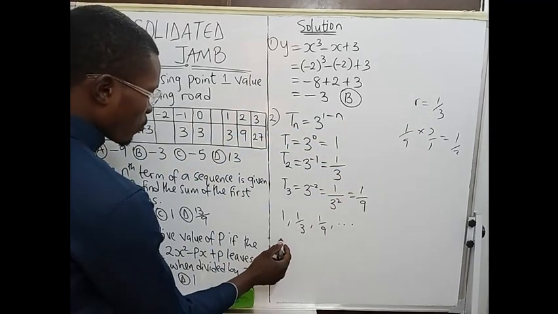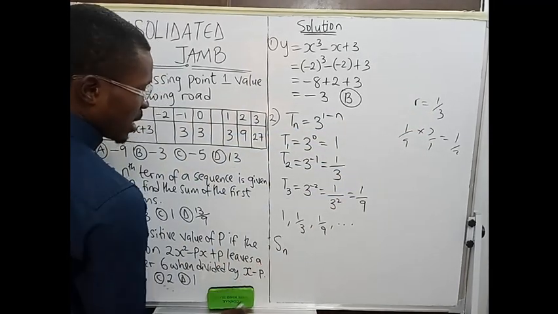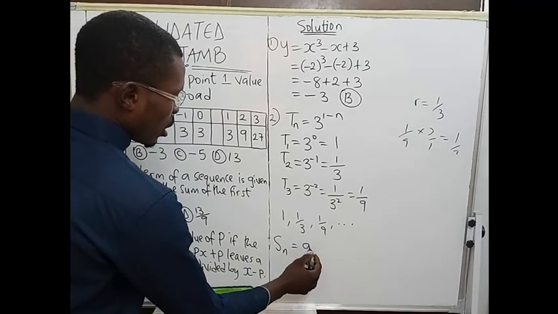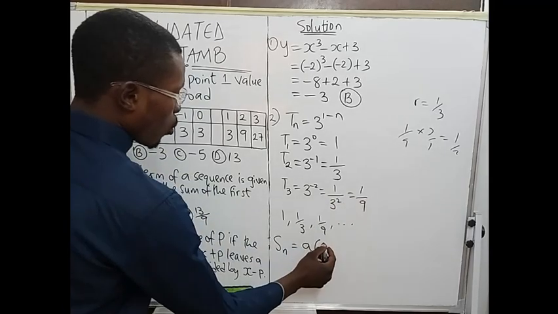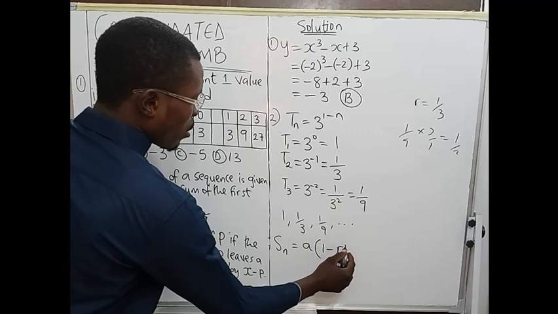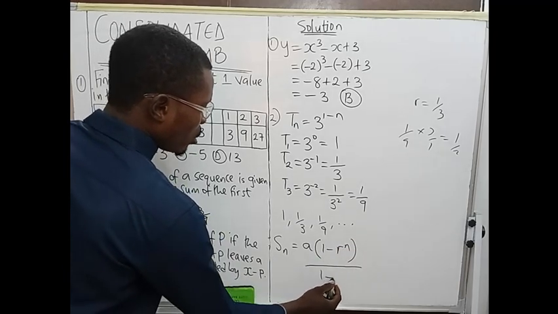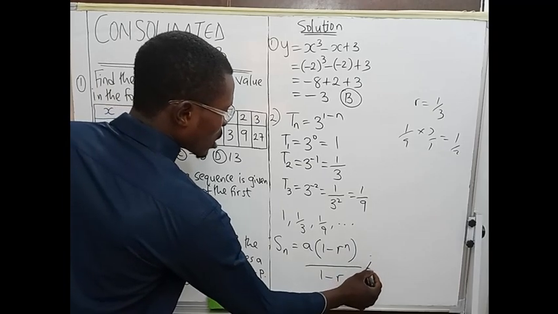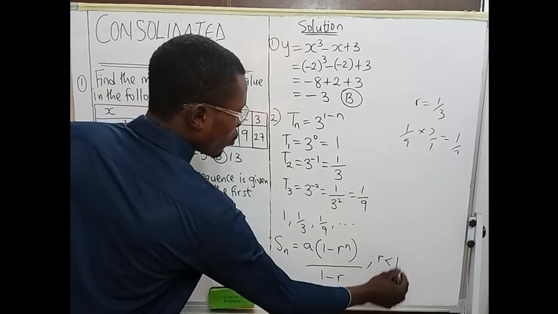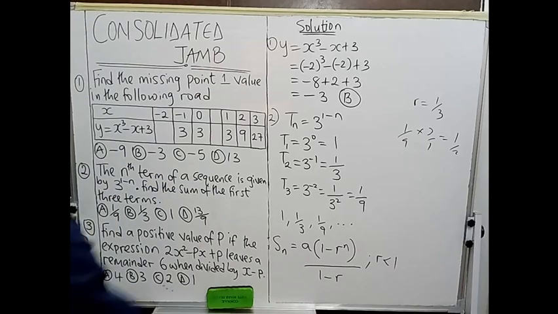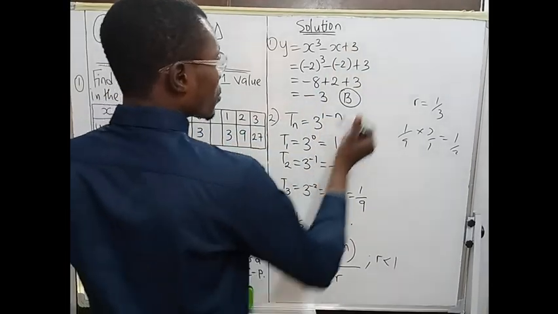So the sum of terms of a GP, Sn, is given by a times 1 minus r to the power of n, all over 1 minus r. This is for r less than 1. I'm going to use this part of the board now.